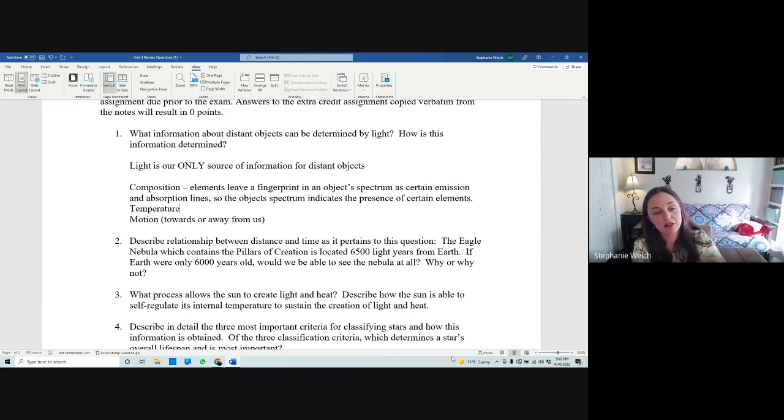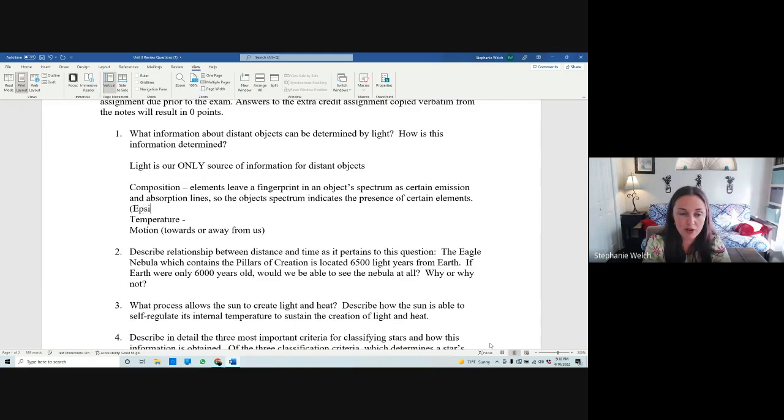Now it gets a little bit complicated, and I only really cover the most basic sense of how we determine composition from astrophysics. It gets a little bit more complicated than that, but if you want to get into nitty-gritty details that you will not be tested on, there is episode 5 of Cosmos 2014, The Cosmic Perspective.